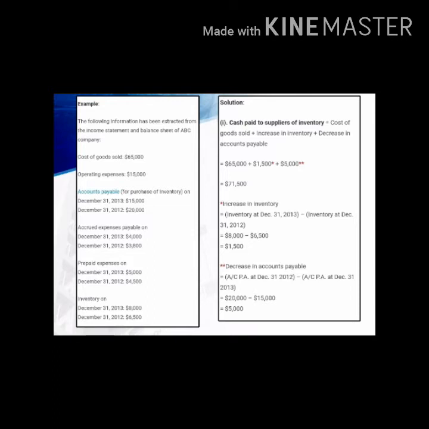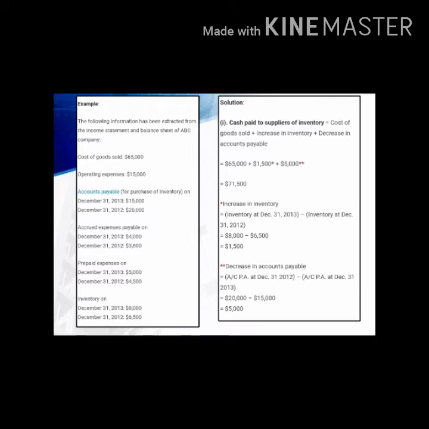So the beginning period, which has $20,000, minus the ending period, which has $15,000, is equal to $5,000.